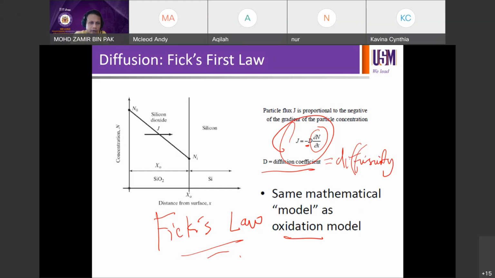If you look at the graph here on the left, here is your surface x0, and x is the depth into the silicon. Previously we had silicon dioxide on top, and we discussed the linear and parabolic modes of oxidation. Let's just recall the flux coming into silicon dioxide before it reaches silicon for the interfacial reaction.